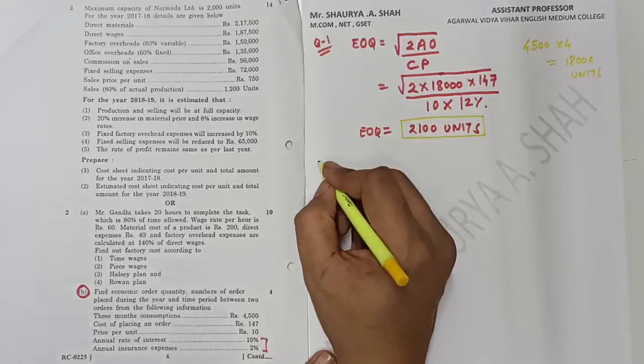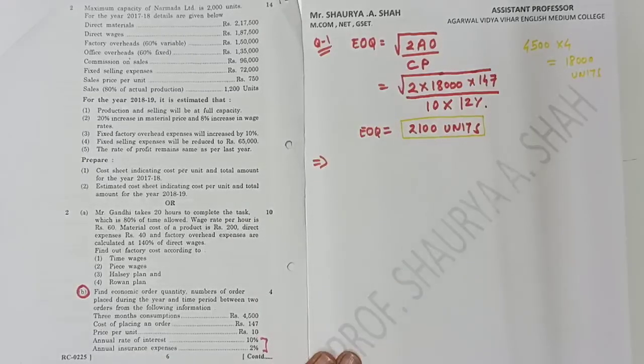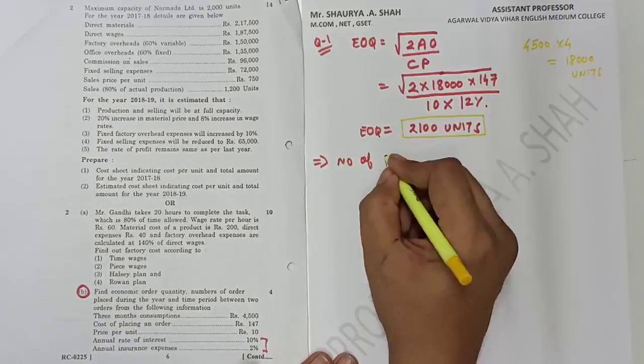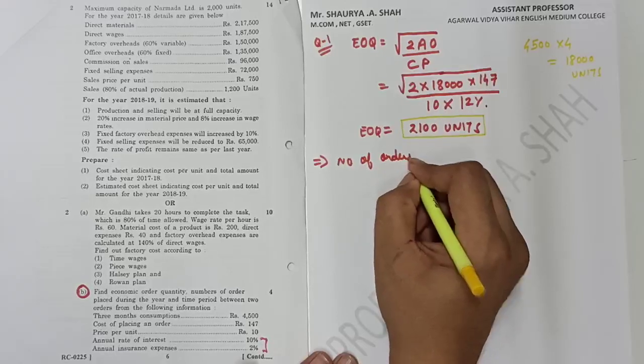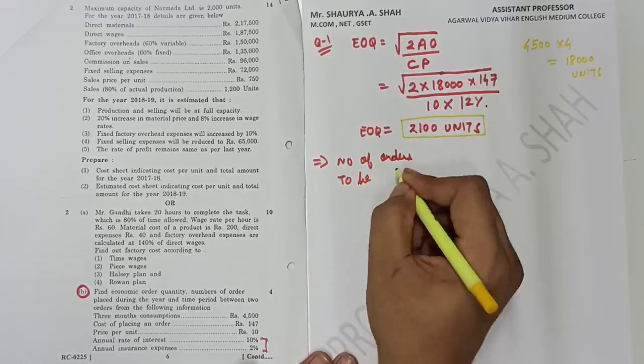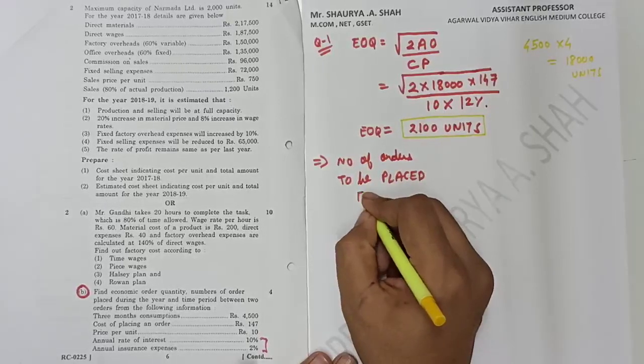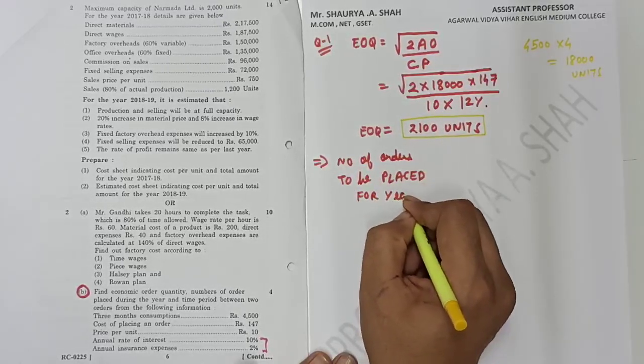Now moving on, the second thing they have asked is the number of orders to be placed during the year, right? So what is the formula for that? Number of orders to be placed. Remember, it is for the year, so for the year means annual consumption.